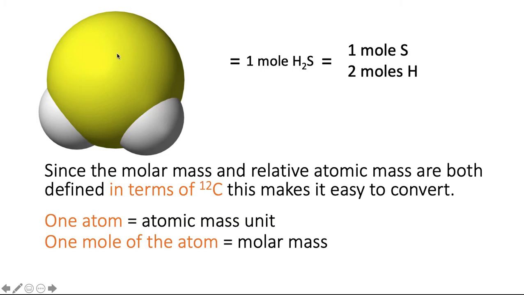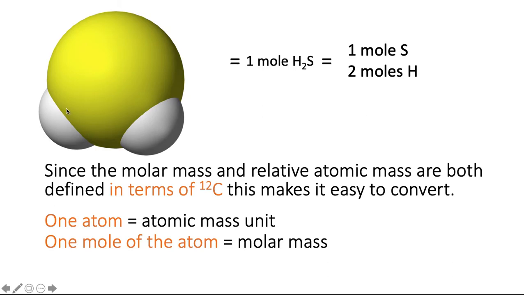Now if I have 6 molecules of H2S, I would have 6 sulfur atoms and 12 hydrogen atoms altogether because I have twice as many hydrogens as I do sulfurs. And I have the same number of sulfurs as I do molecules.